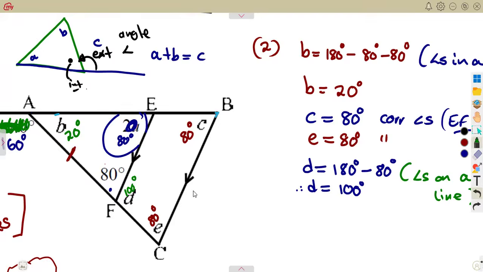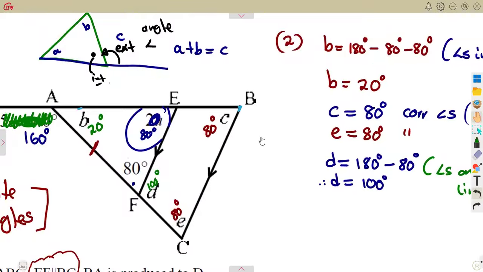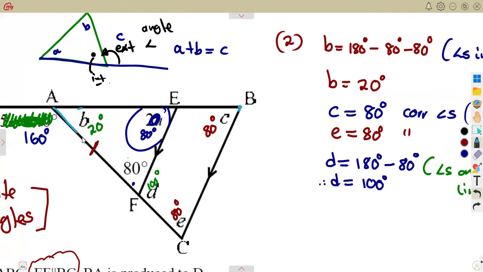So actually, that is how we could have attempted these typical questions. There are so many ways that we could have used. Also, to calculate D, we could have used this concept. Remember what I said about a triangle and its exterior angle. If you check from A, if you extend this line like this, in this triangle AEF, you could have calculated the same D, because this D here becomes the exterior angle.